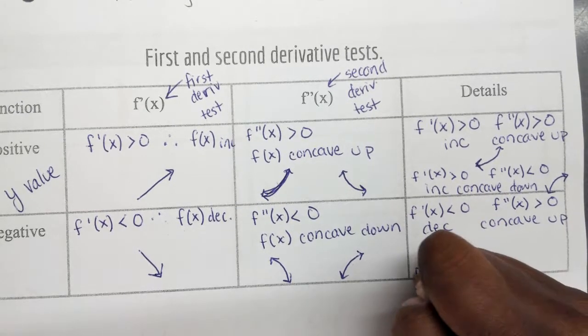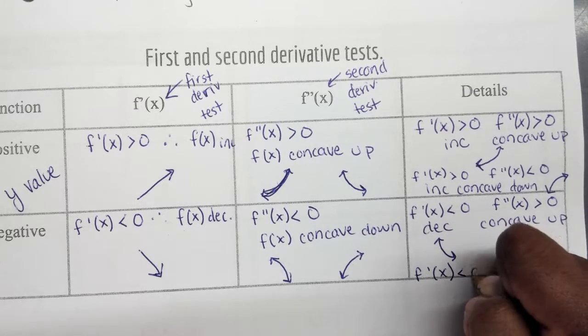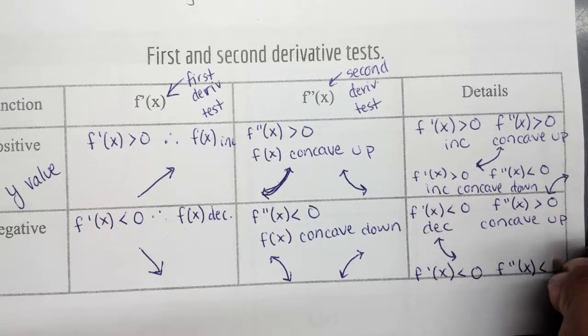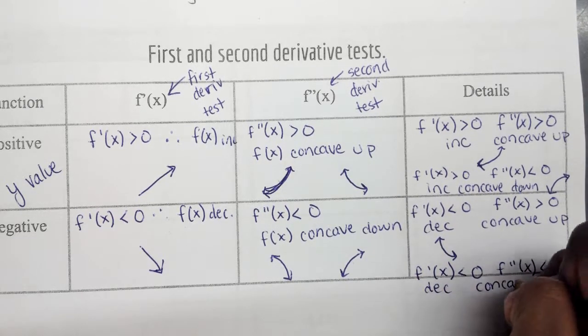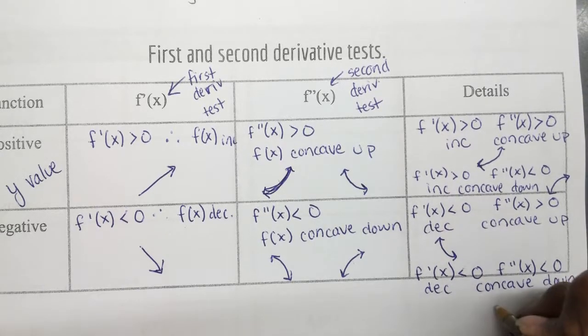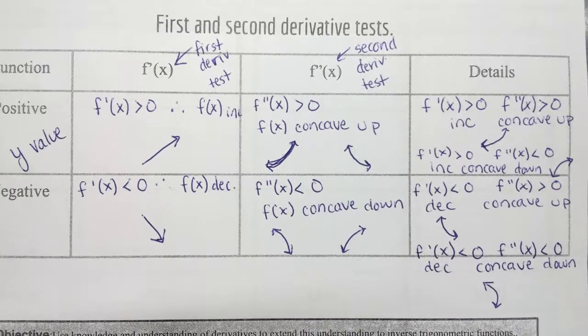And if f prime of x is less than 0 and f double prime of x is less than 0, then we have a decreasing concave down, which looks like this. Okay.